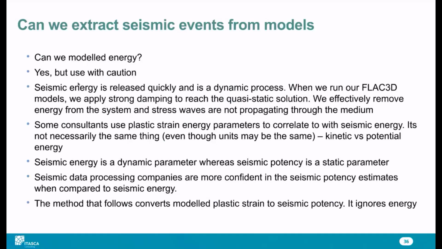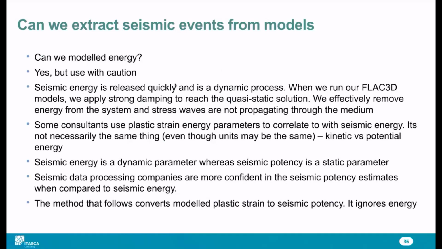So comparing real seismic energy, and in quotes, the speed at which the process happens, with parameters such as plastic energy, you need to really be careful how you use that, because the two things are not necessarily the same.